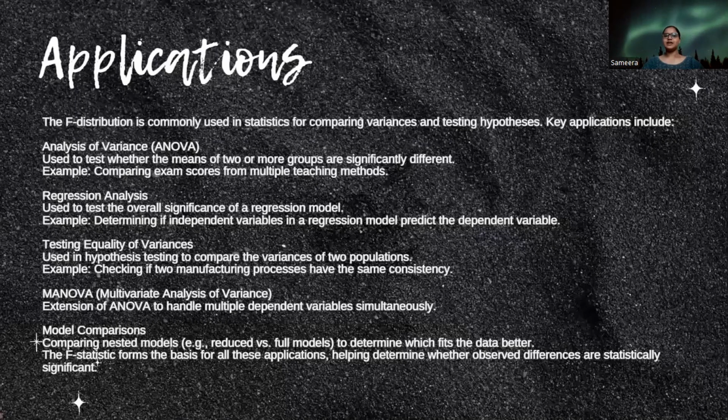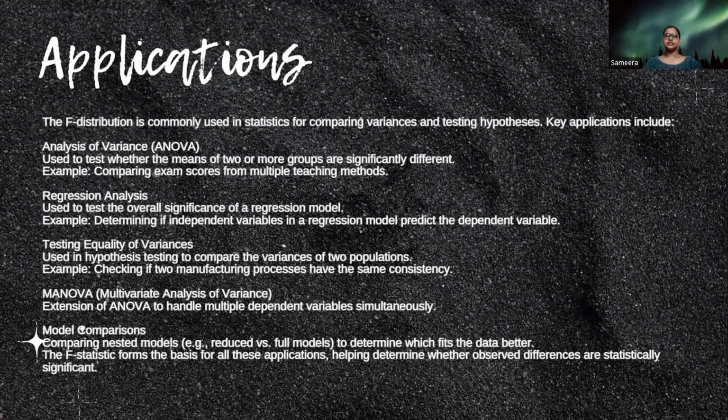Now let's look at the applications of the F distribution. The F distribution is commonly used in statistics for comparing variances and testing hypotheses. Key applications include analysis of variance, a term you would have heard earlier in this presentation.